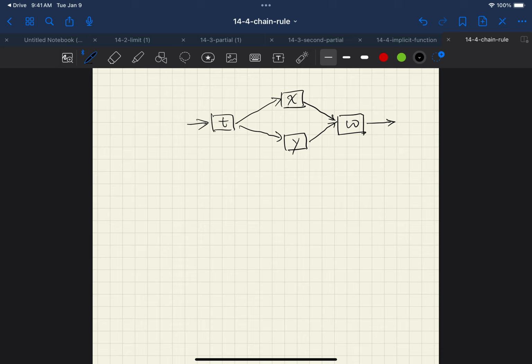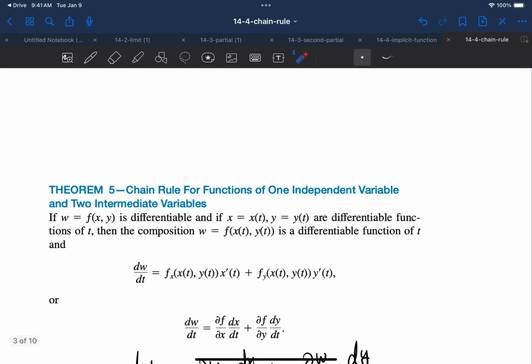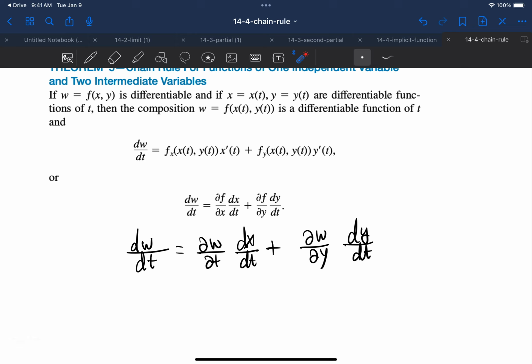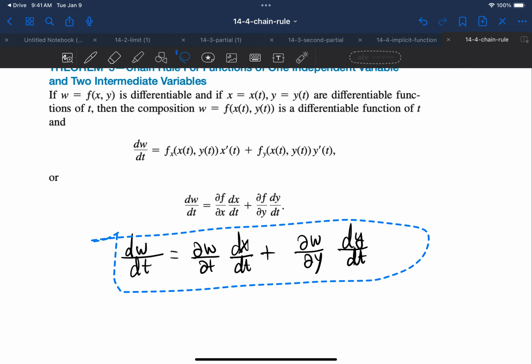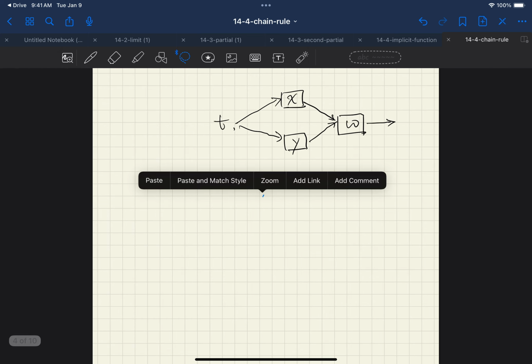So the first one is the independent variable, so we can just put it as t, and the last one is w. All right, then the question is the differentiation with respect to t. So our chain rule says it's supposed to be this.